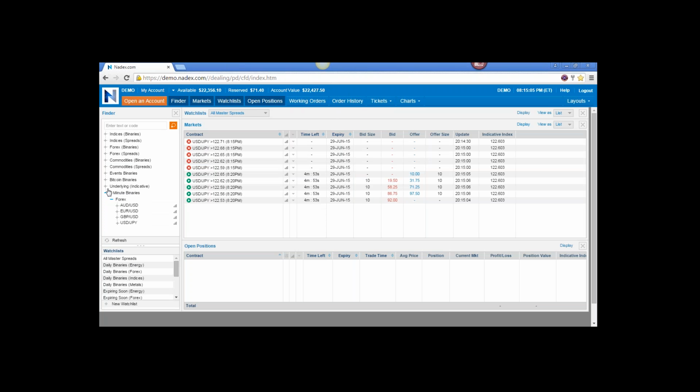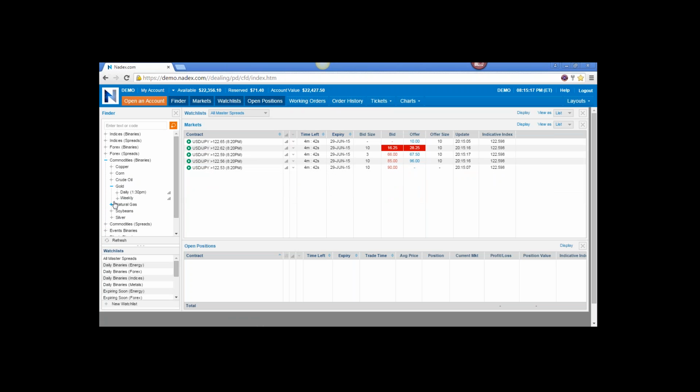Something we haven't talked a whole lot about is commodities: copper, corn, oil, gold, natural gas, soybeans, silver. All those markets are opened up, and they have hourly expirations, 2-hour expirations, and end of day. So you've got a lot of options there. The stock markets are open too. On the 4 US indices, the Dow and S&P and all that, you've got the daily expirations, the hourly expirations, and 20-minute binaries.